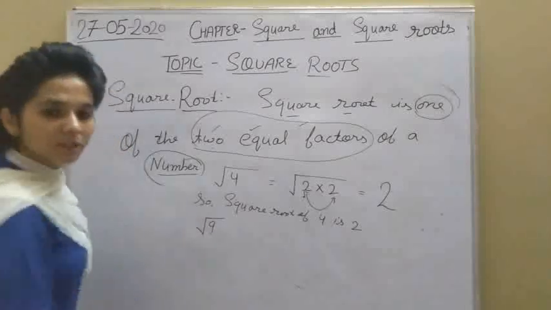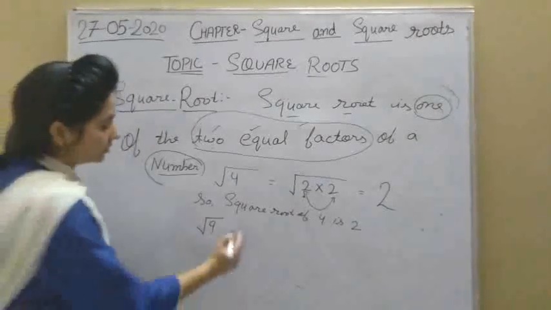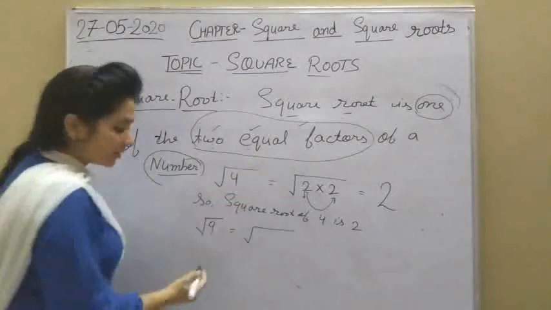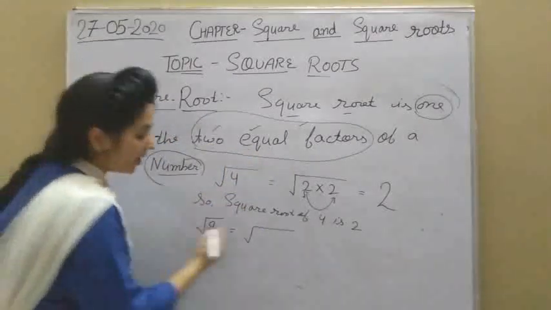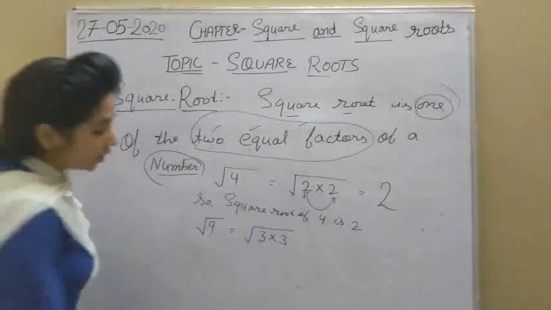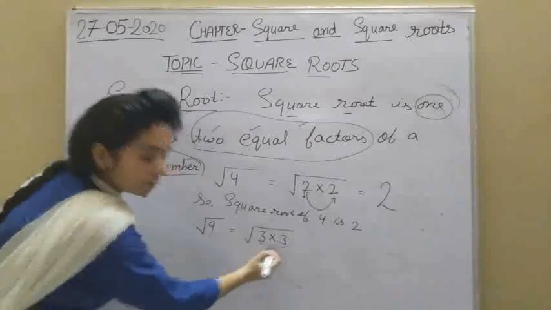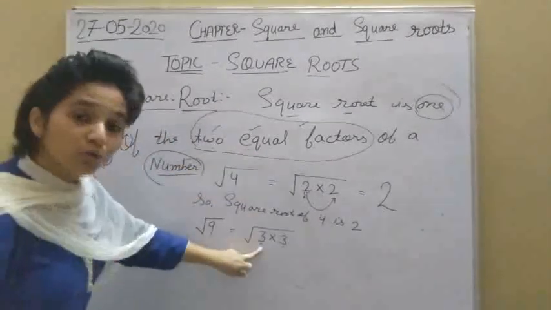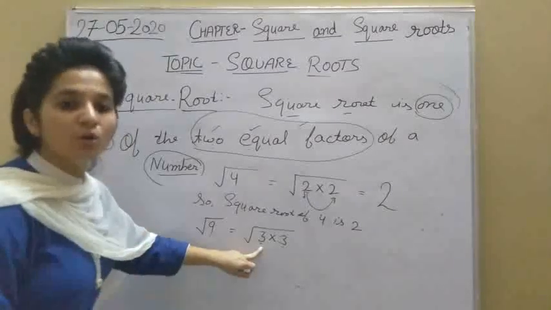Square root of 9. Two equal factors of 9 are 3 multiply 3. You can see these two factors are equal. और दोनों फैक्टर कैसे होने चाहिए? इक्वल होने चाहिए.